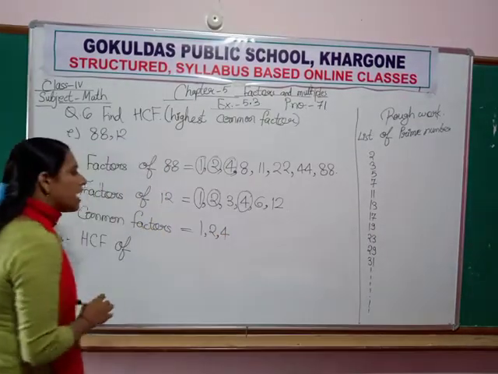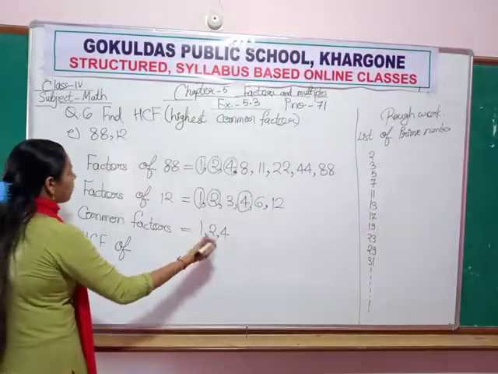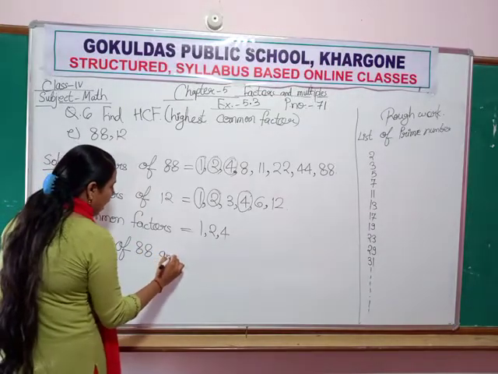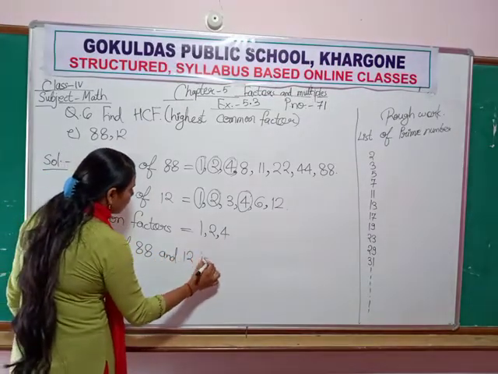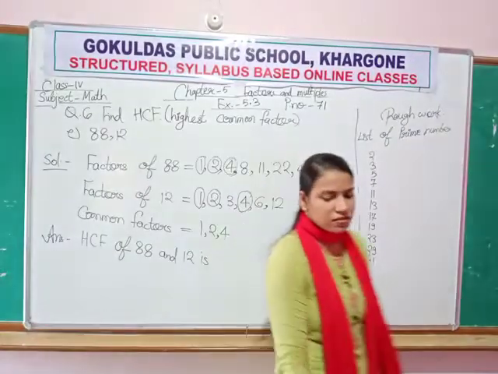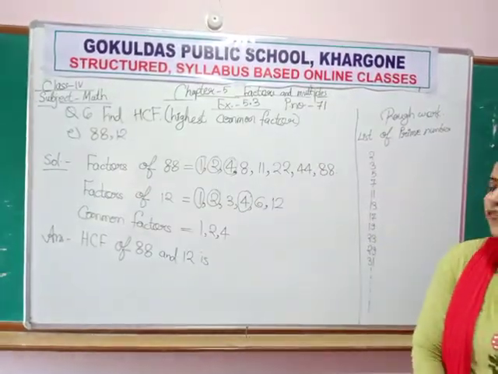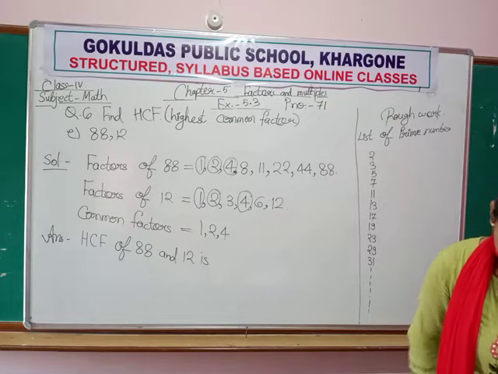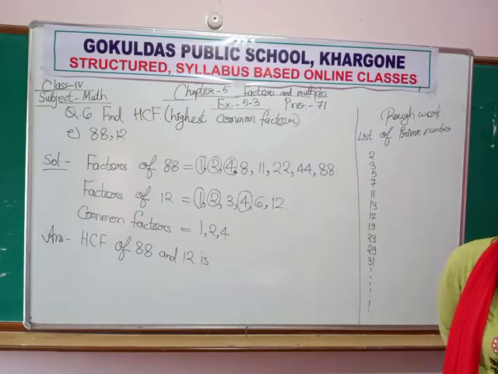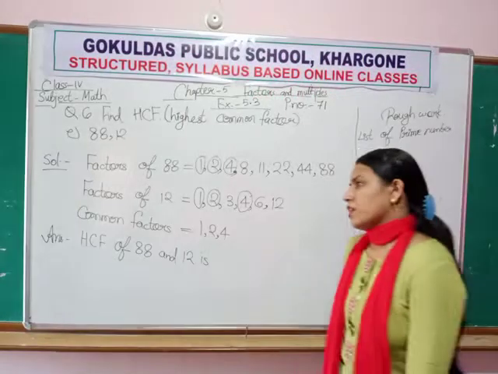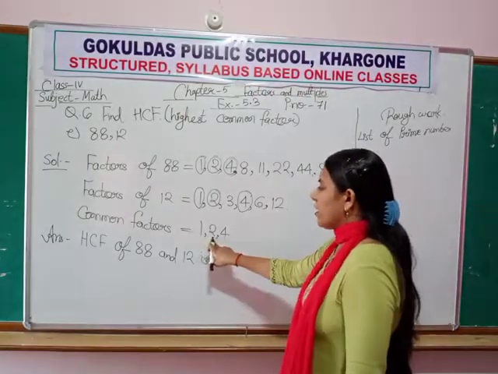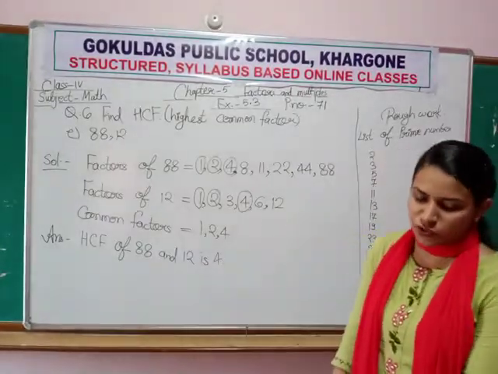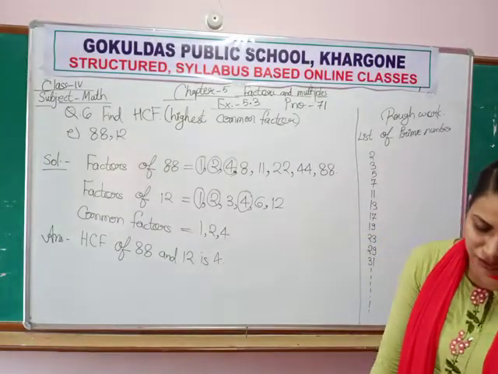Now identify the HCF, the highest common factor of 88 and 12. Which one is highest among 1, 2 and 4? 4 is highest. So 4 is the highest common factor of 88 and 12.